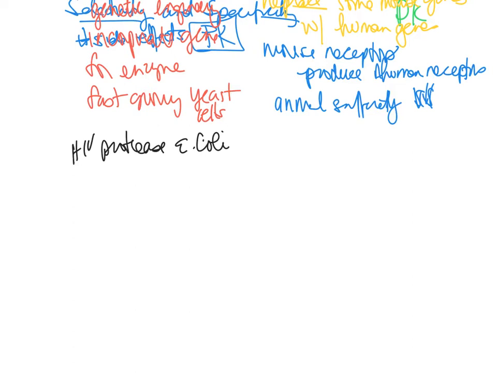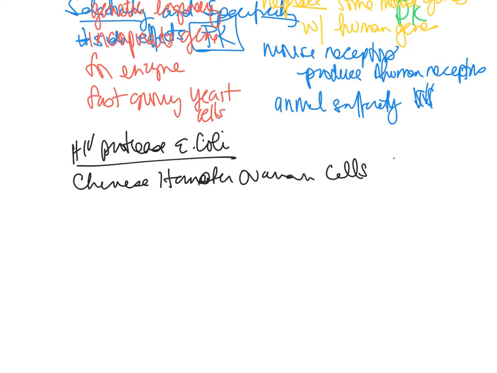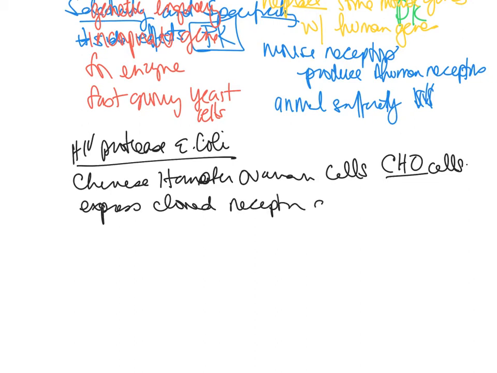Okay. And so it gets expressed in the E. coli. Another one would be the Chinese hamster ovarian cells. Sometimes you'll see that as CHO cells. And this will express a cloned receptor on the cell surface. And those are basically in vitro assays.